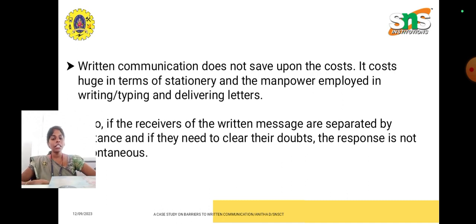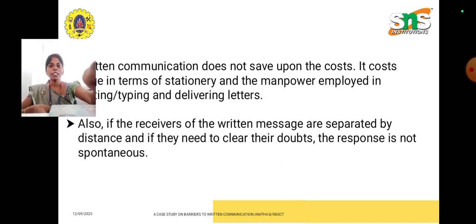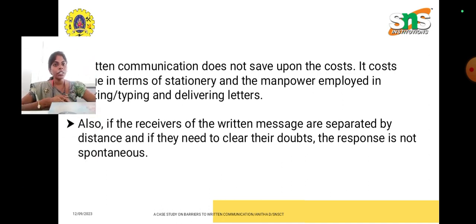They can identify whether you are angry or in a happy mood. While you are writing, they cannot find out what mood you are in. Also, if the sender and receiver of the written message are separated by distance and need to clear their doubts, the response is not spontaneous.